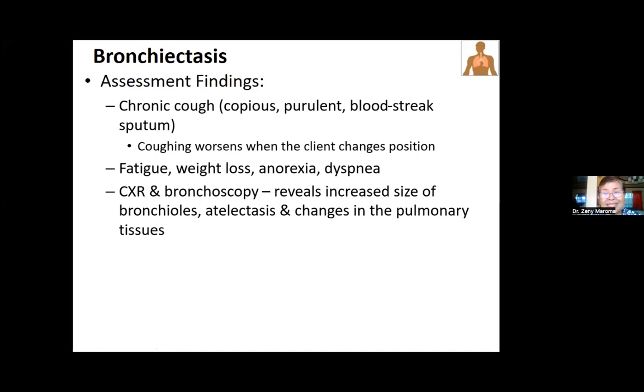Kaya mabi-visualize yung inside. And that is also the best time to collect the specimen for sputum culture. Okay? So kung hindi man siya nag-bronchoscopy, kailangan din natin ng sputum culture dahil parating nga silang may plema, bakit hindi na-address yung infection?